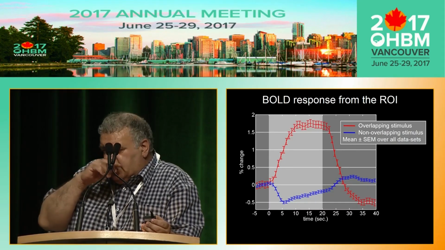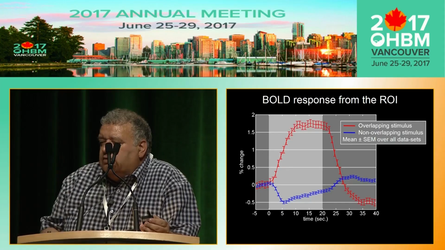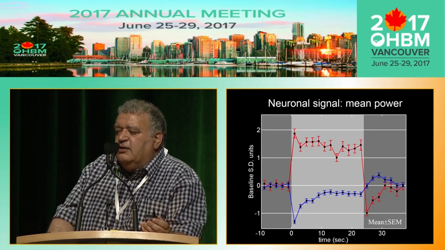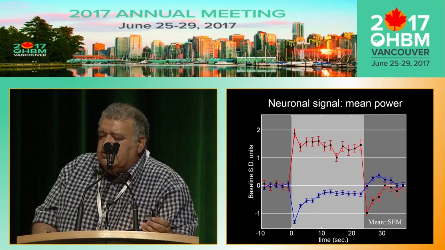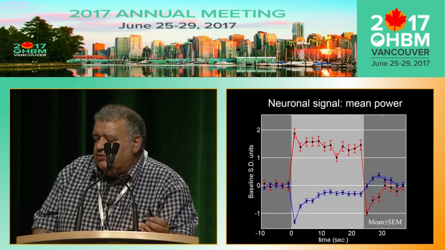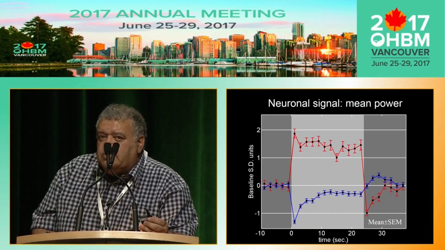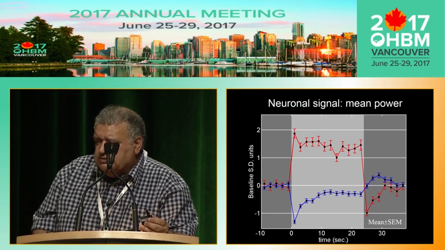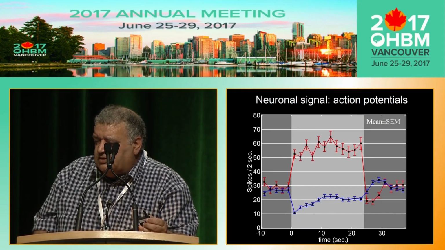When the stimulus is released, you can see an overshoot in the negative BOLD response that can also be seen in the neurophysiological data that was recorded simultaneously. Immediately at the end of the stimulus, you can see an overshoot. And of course, during the stimulus, you can see decreases in neuronal activity associated with the negative BOLD response. So that's the mean power of the local field potential.